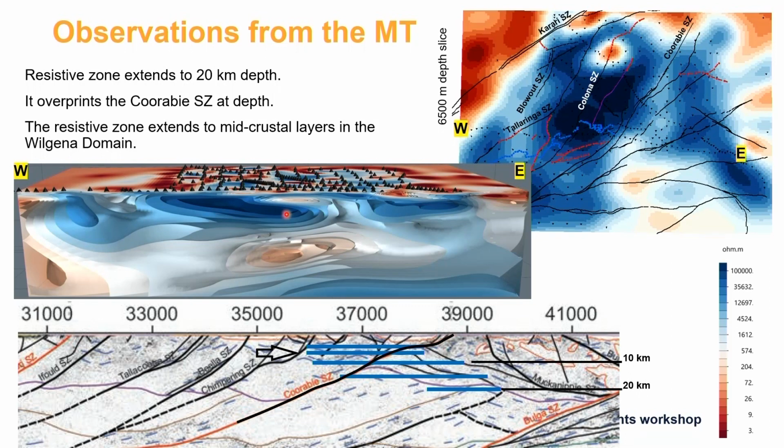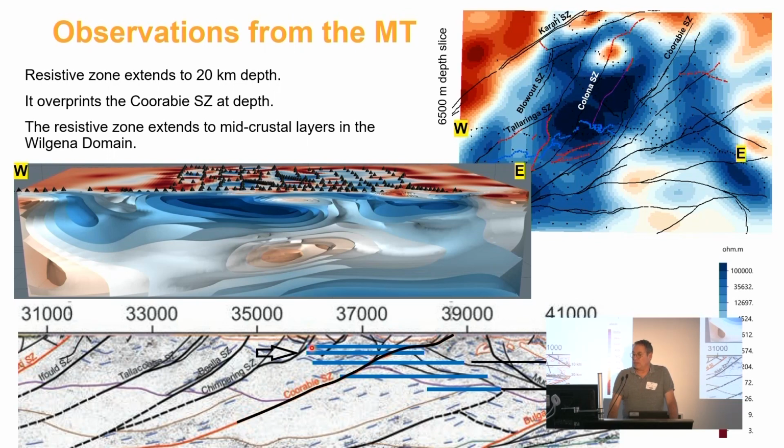In fact, when we first saw this feature, there was a discussion about whether it's in the hanging wall or footwall of the Kurubi. But we can see now, this is my dodgy attempt to put on the seismic line at different depth slices. This is 6.5 Ks. You can see at 6.5 Ks, it actually crosses the Kurubi on the seismic line. And as you go deeper, it's totally in the footwall of the Kurubi.